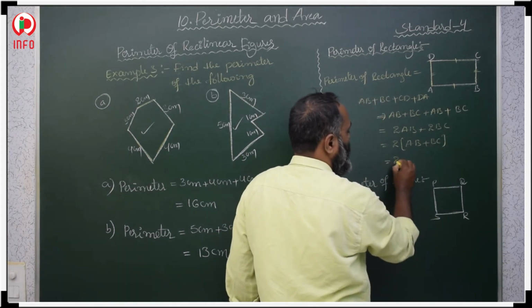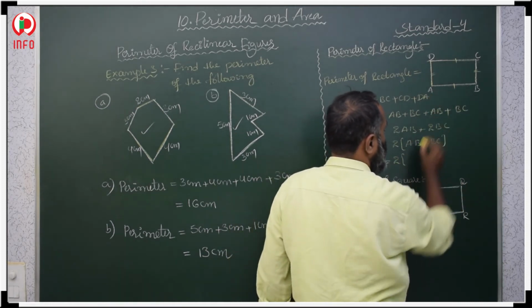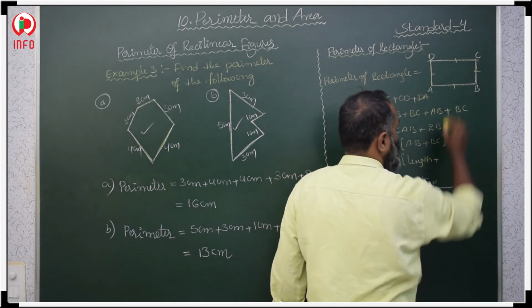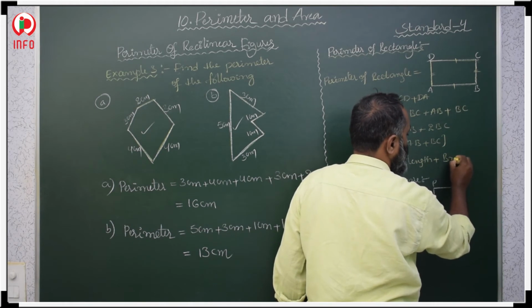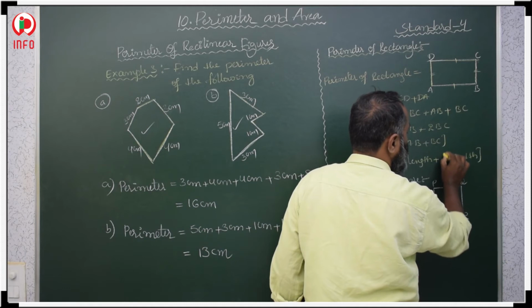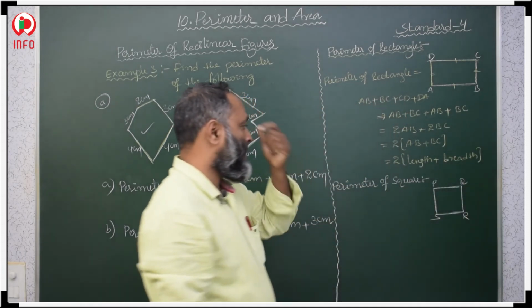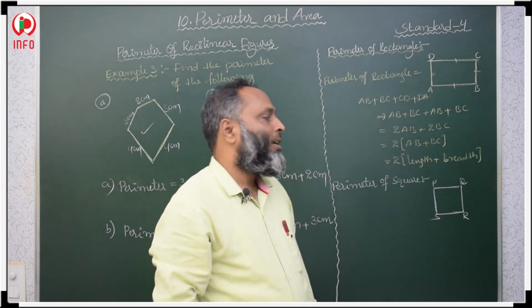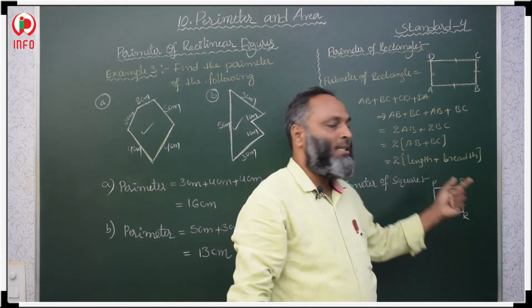What is our AB? AB is the length and BC is the breadth. So the rectangle perimeter is equal to 2 into length plus breadth.